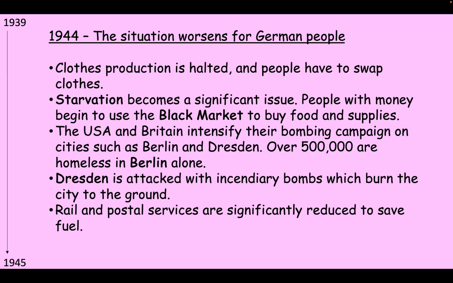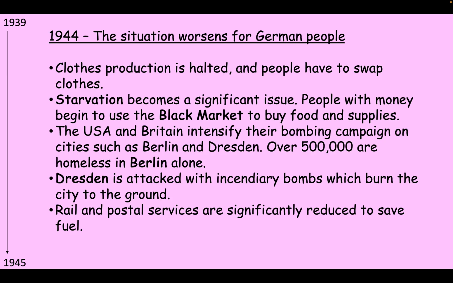The USA and Britain are intensifying their bombing on cities like Dresden and Berlin. People are becoming homeless. People are starving. There's 500,000 people in Berlin alone that are homeless. Dresden is attacked with incendiary bombs, with fire bombs, which burn the old wooden city to the ground.